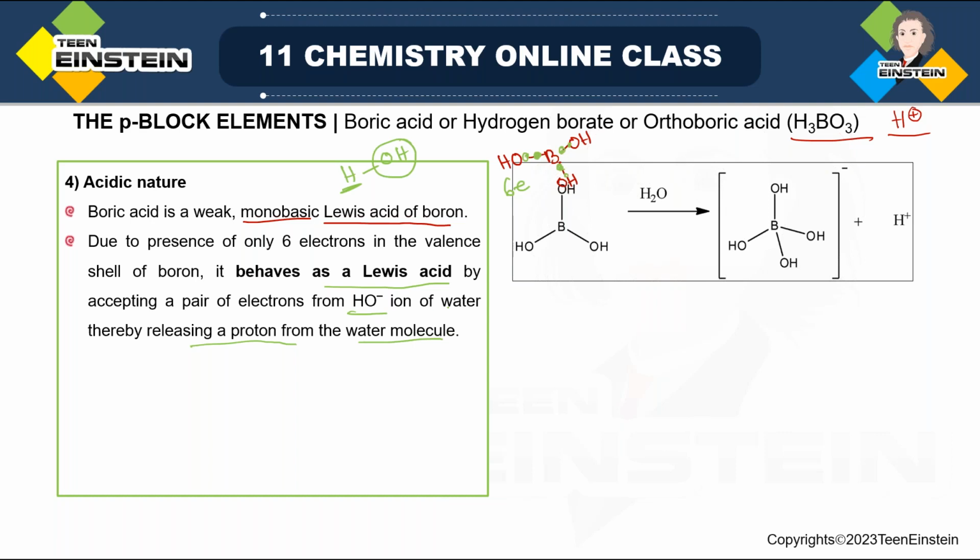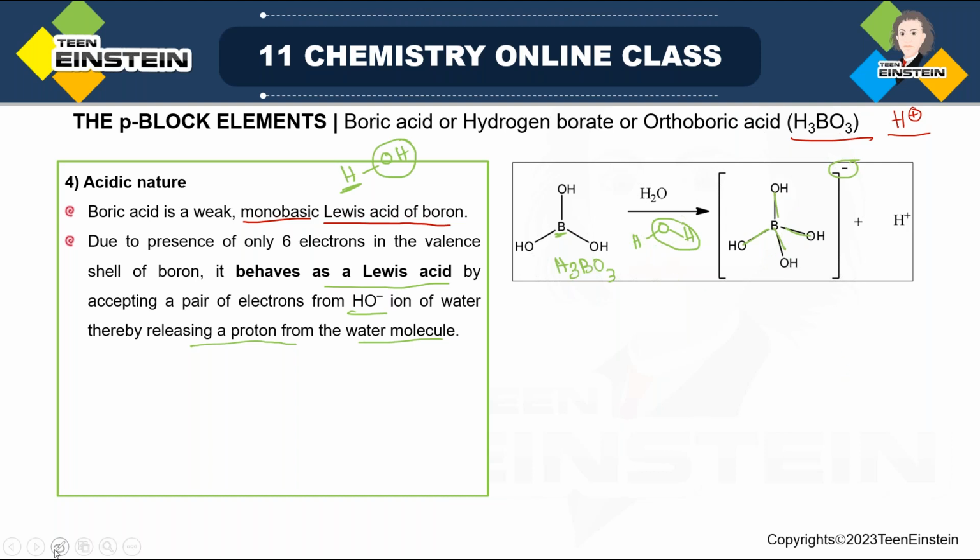So the equation is like this. Here we have this molecule of H3BO3. It is reacting with water, so I will write water in this way. Now this OH part is taken by this boron, and now surrounding boron there are a total of 4 OH groups. This extra negative charge is present because the extra HO minus it has taken from water.